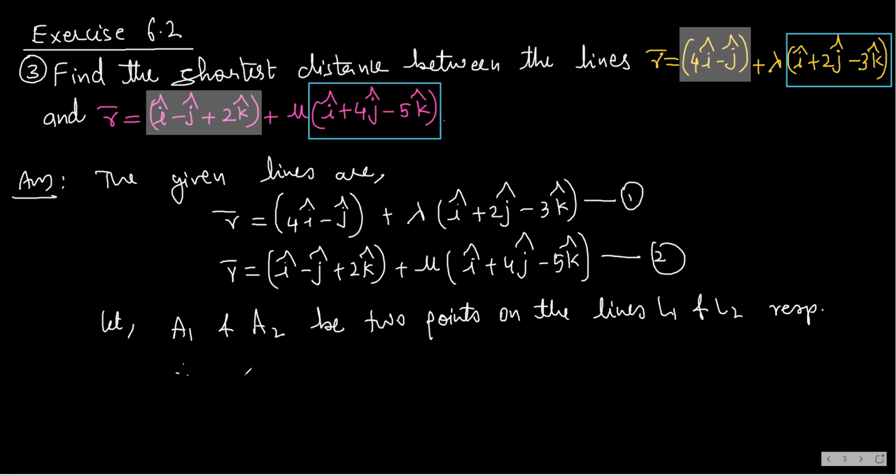Therefore, what I have is A1 bar equals 4i cap minus j cap, and A2 bar is i cap minus j cap plus 2k cap, right? So if that is the case, students, now you understand.